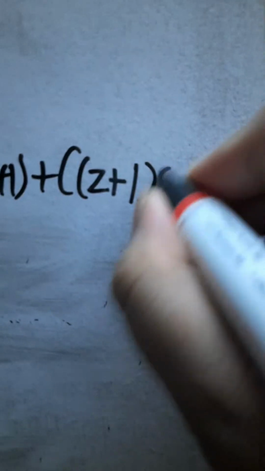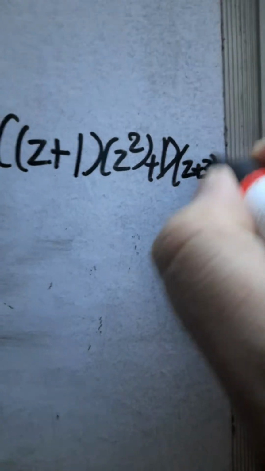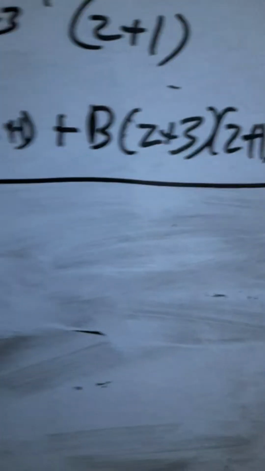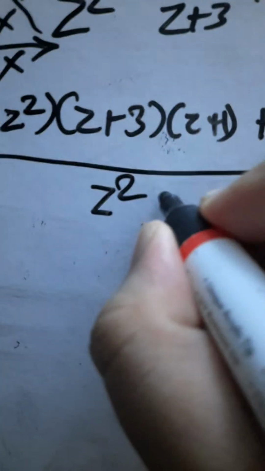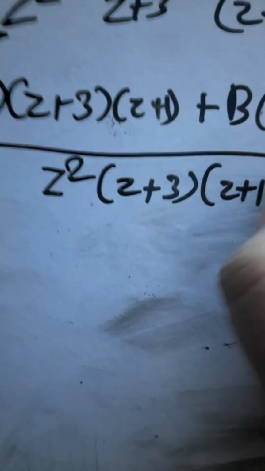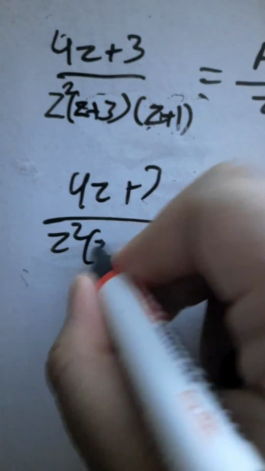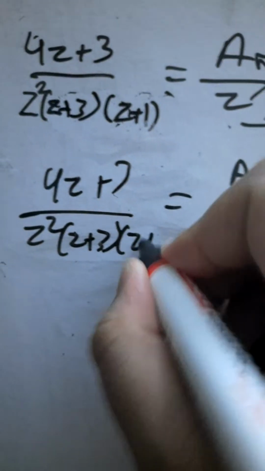So z plus 1, and z square is missing, so z plus 1 z square, plus d has z plus 3, z square is not there. z plus 3 z square, here we go, the whole divided by z square z plus 3 into z plus 1. Here it is also the same, 4z plus 3 by z square, z plus 3 into z plus 1.